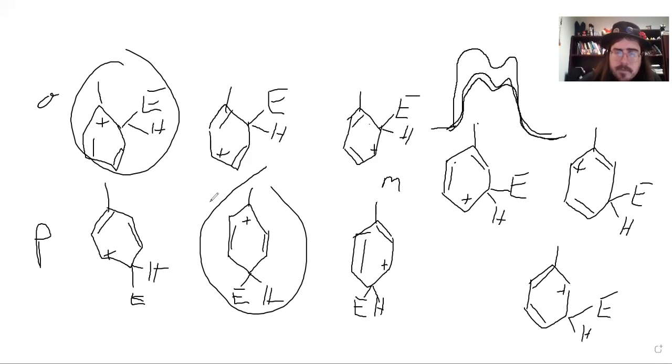Boom. So meta's not going to really want to react at all. Well, ortho, very much so. And para, very much so. So these are what's called ortho para directors. Now, there's several different types of ortho para directors, but they all kind of follow a similar thing of electron donating.